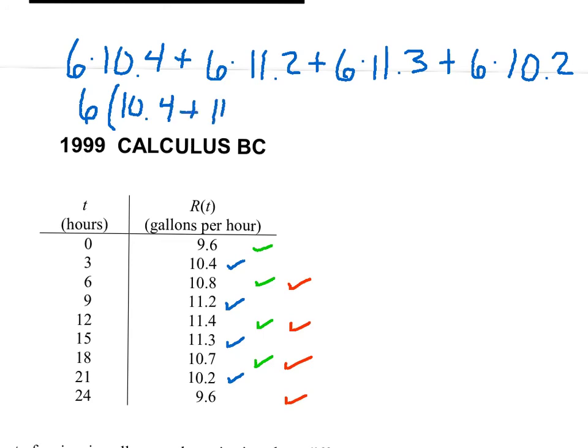Then you simply have to add the y values you're working with, and multiply the result by the 6 that's been factored out. But if these increments are not evenly distributed, then you won't be able to factor out, and you'll have to work with each base separately. That's it. I hope Riemann sums make a lot of sense.